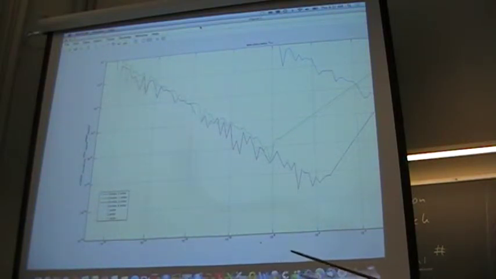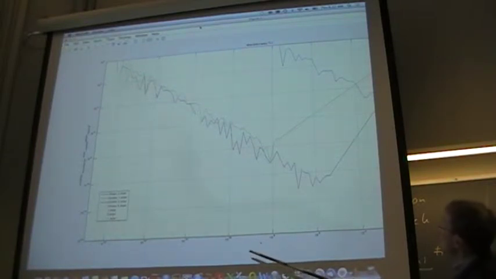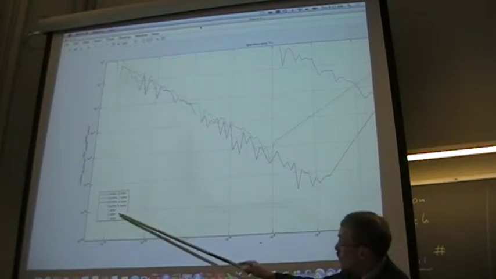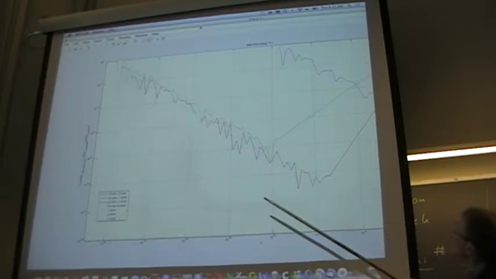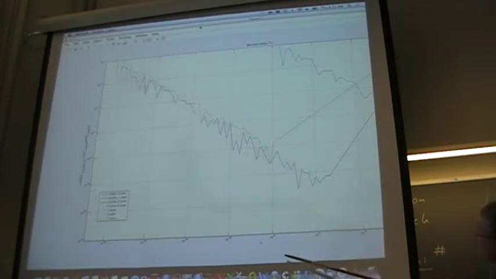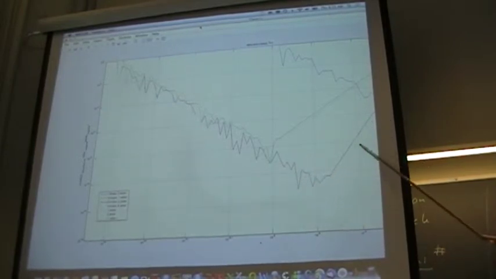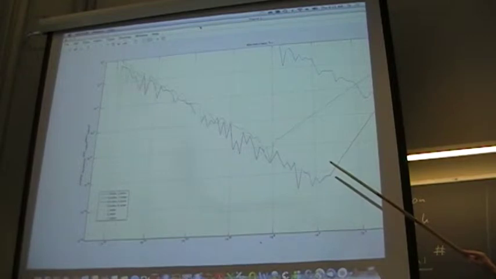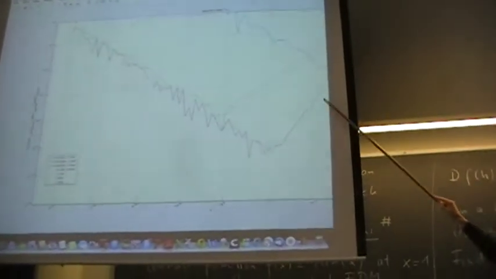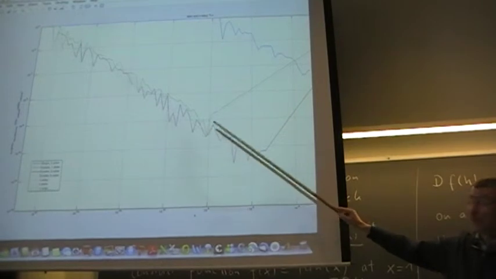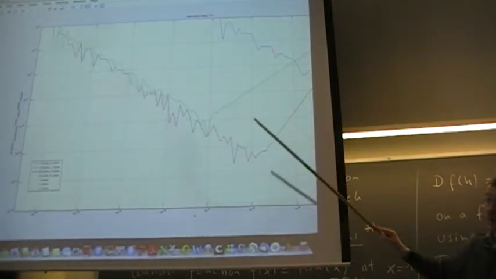And then we had different approximations, and the ones that we were mostly interested in were the first and second order methods. And let's see, where are we here? We have the second order, for example, here. Here we have the first order. And what is happening is that here the error is governed by the truncation error. So it goes down either with h squared or with h for the second or the first order methods.